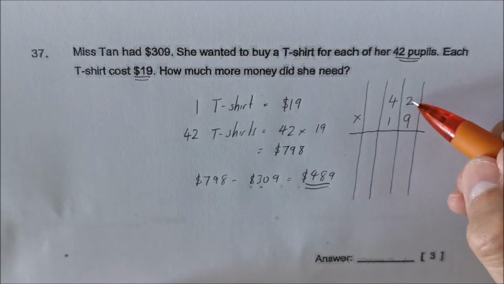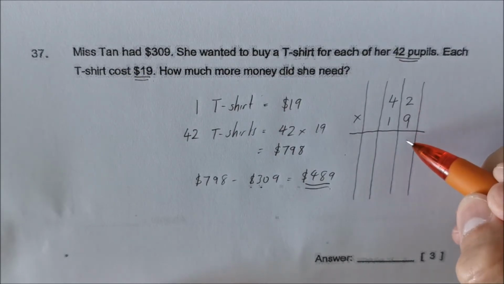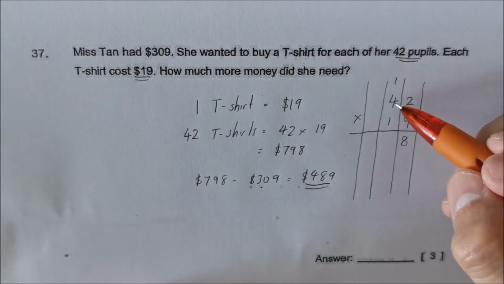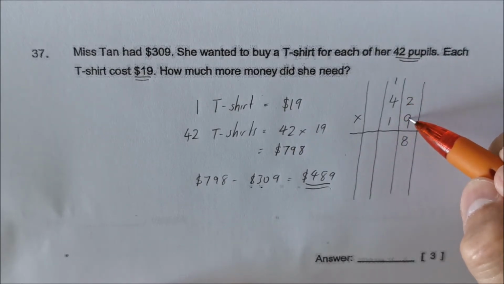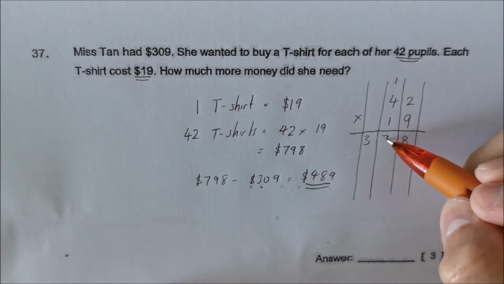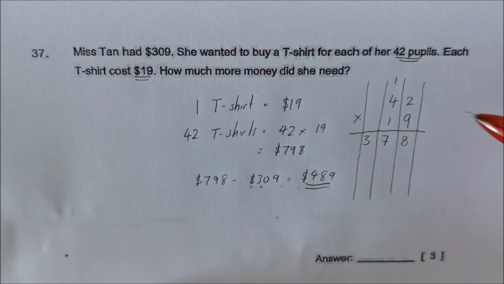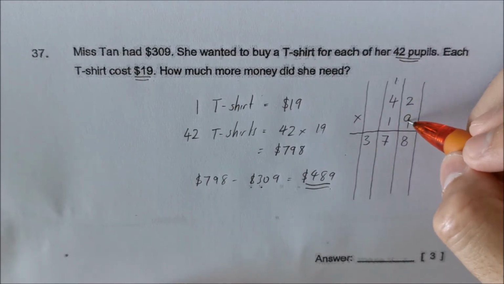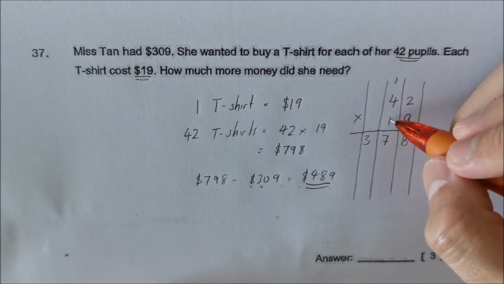So what we will do is 2 times 9 is 18. I put an 8 here, I put a 1 here. Then 4 times 9 is 36. 36 plus 1, 37. So I write 37 here. Next, this is for 42 times 9. Now we're going to times 1, which is 10.